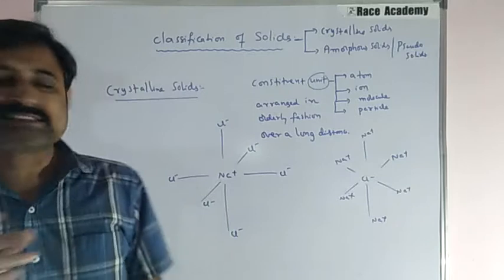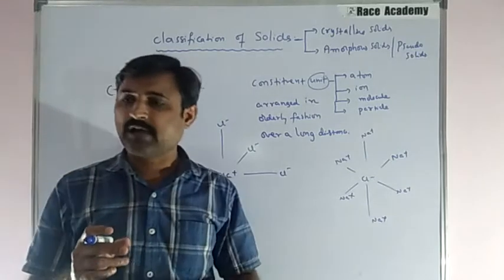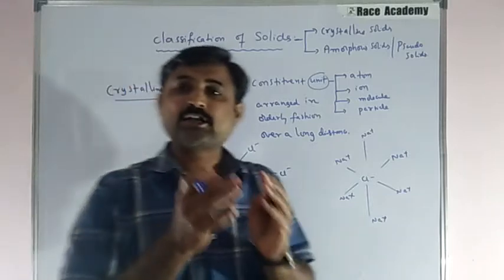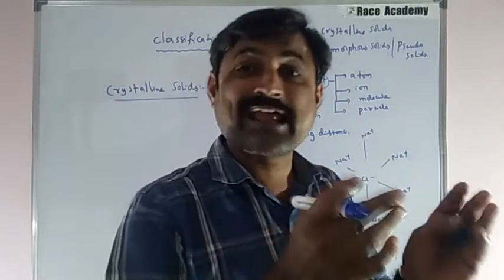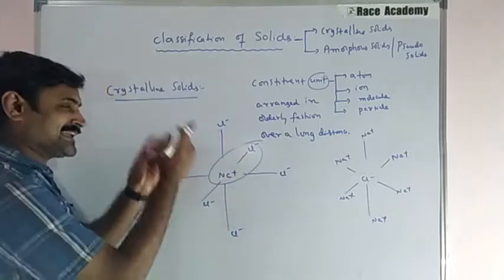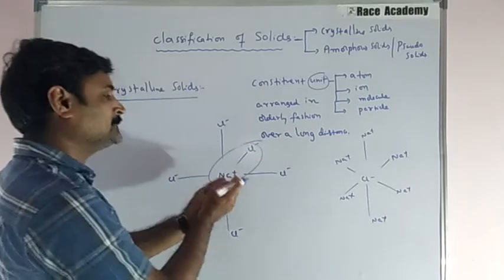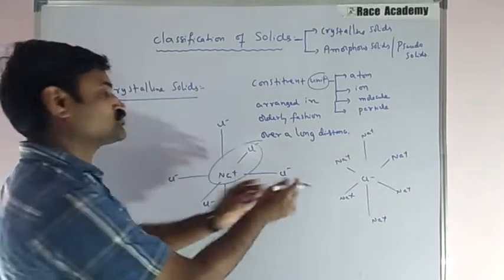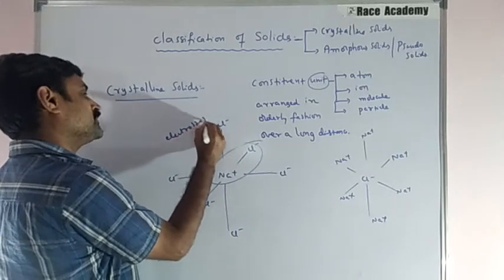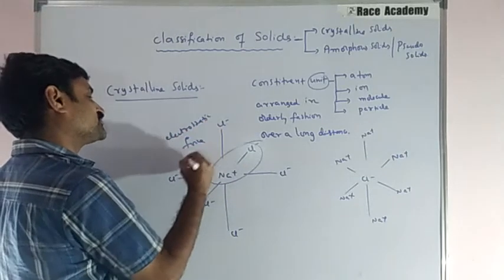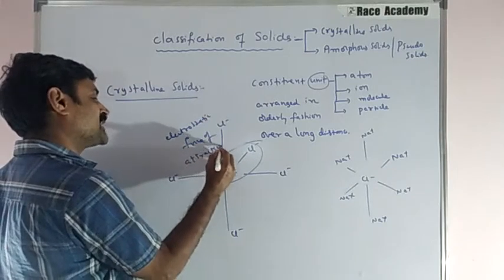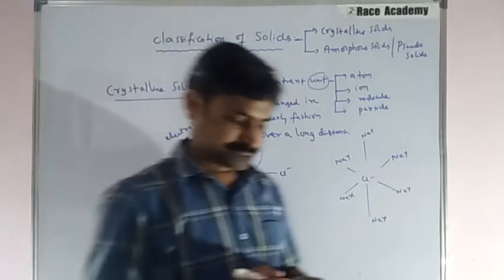Why are they arranged systematically? The answer is that they are held together by a strong electrostatic force of attraction. What is this force of attraction between Na plus and Cl minus in NaCl crystalline solid? It is the electrostatic force of attraction.